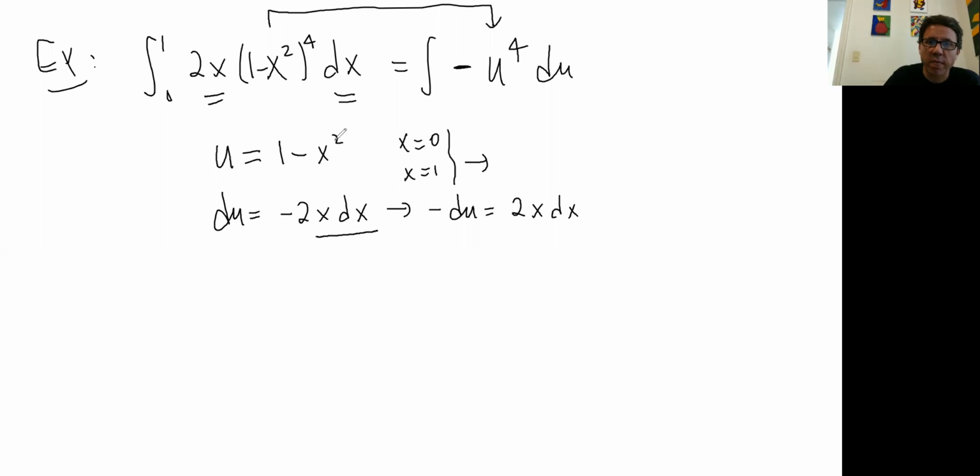So if I convert those using this formula, u would be 1 minus 0 squared for the first one, and 1 minus 1 squared for the second. So it would be 1 and 0. So it looks like the bounds are just reversed on that. So if you did the full substitution, you would get down to this.